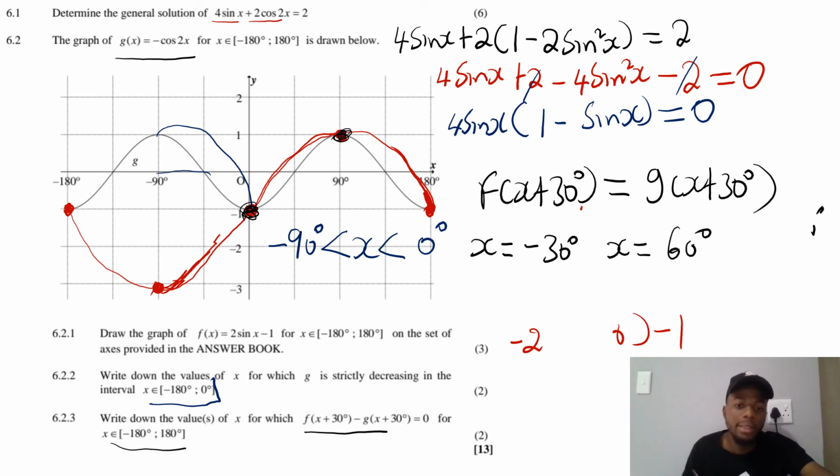Lastly, they were intersecting at 180 degrees, before they were shifted. So if they were shifted, instead of intersecting at 180 degrees, now they will be intersecting at 150 degrees. So these are the values of x.